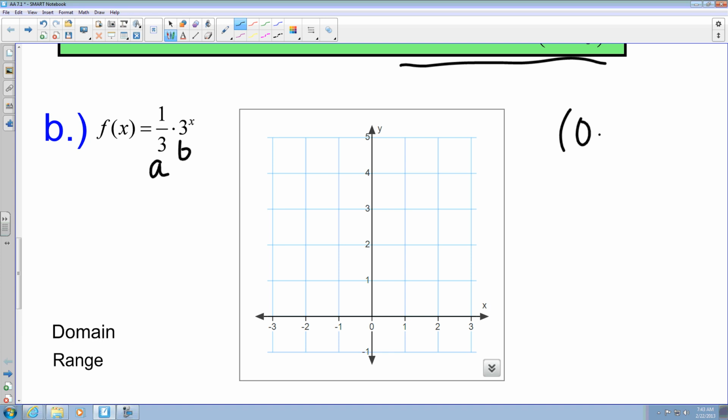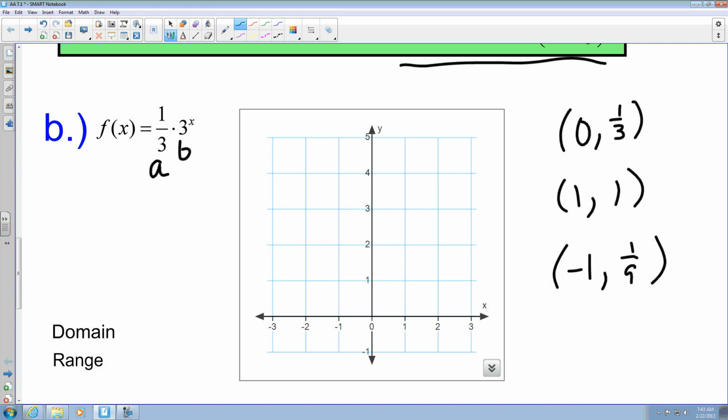First off, I'll concentrate on 0 comma a, which would be 0 comma 1/3. The next point I'm looking for is 1 comma whatever a times b is, which would be 1. And the last one would be -1, and then a times 1 over b, so it would be 1/3 times 1/3, which would be 1/9.